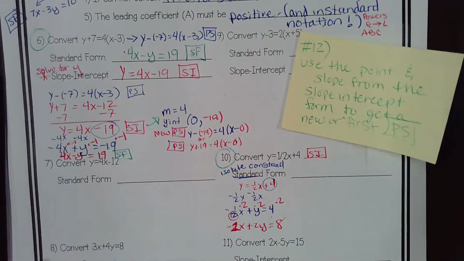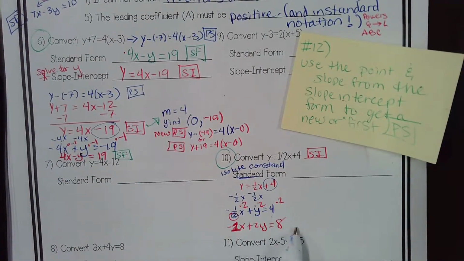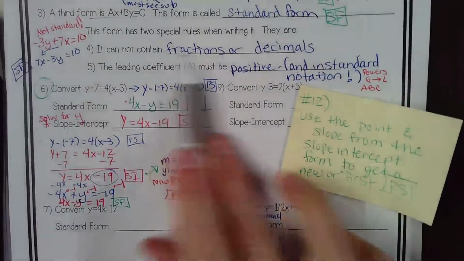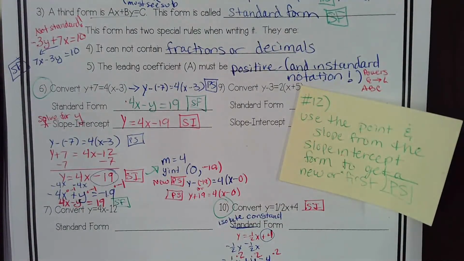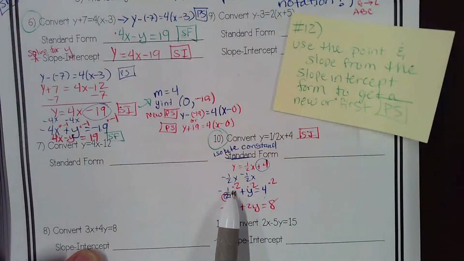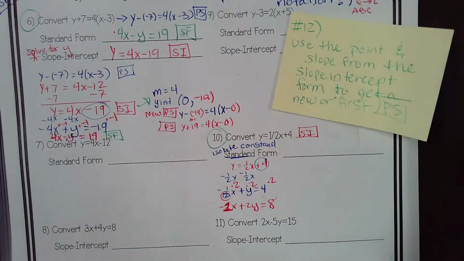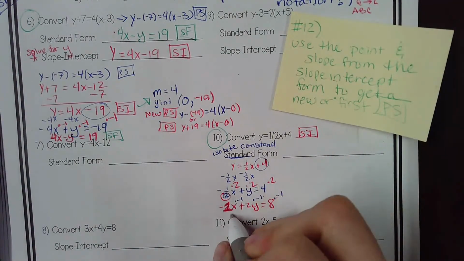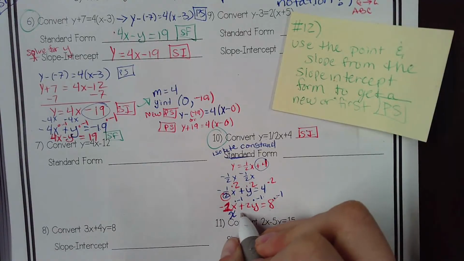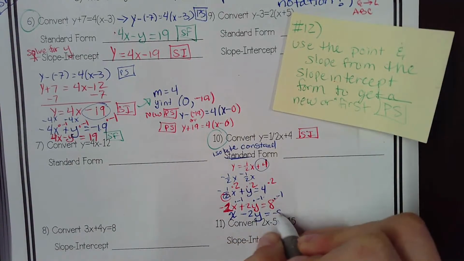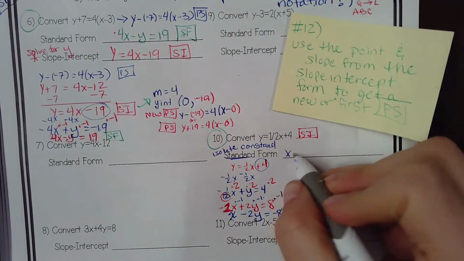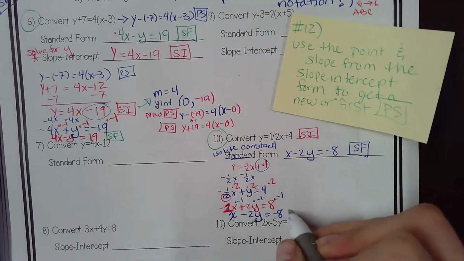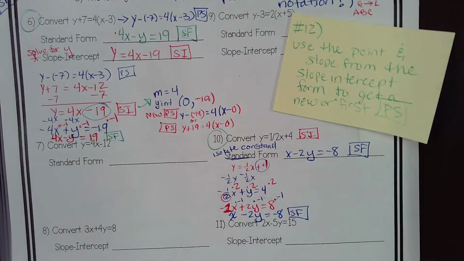Good thing we use our calculator to check. Constant isolated? Check. No fractions or decimals? Check. Leading term positive? Not check. So we're going to multiply everything by negative 1, giving me x minus 2y is negative 8. This is standard form. This line was standard form.